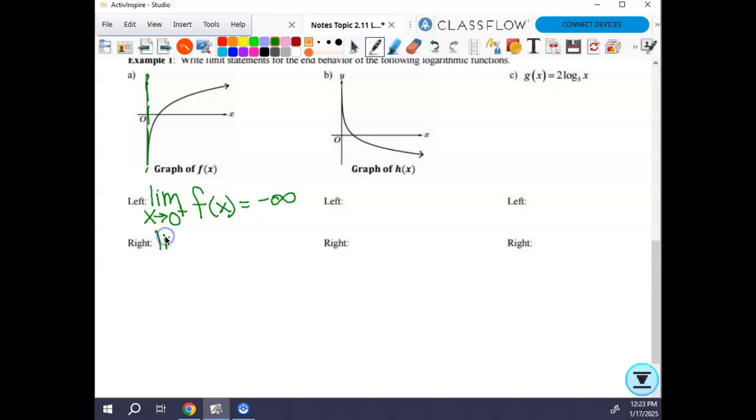And then the limit as x approaches infinity on the right-hand side, of f of x equals what? Infinity. Good. Everybody okay with that? Any questions? All right, you write out your limit statements for the next one.